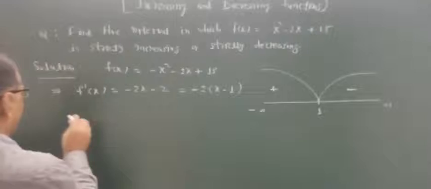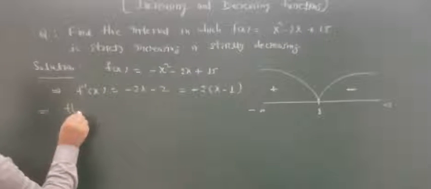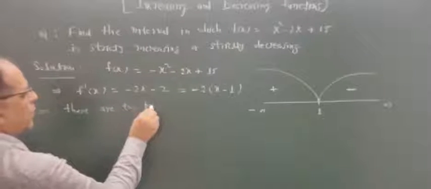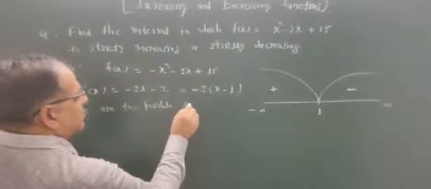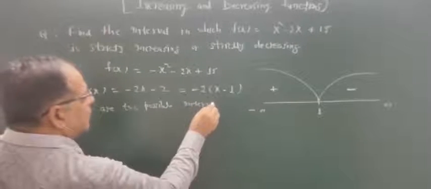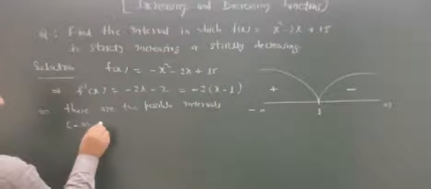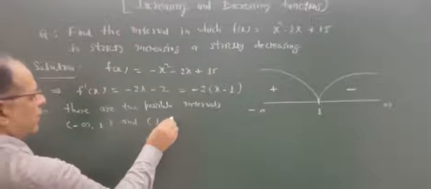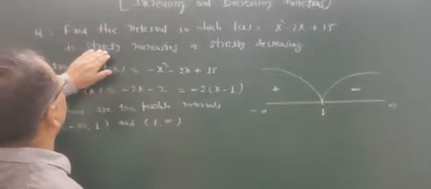So now there are two possible intervals, minus infinity to 1 and 1 to infinity. We want to find the intervals in which the function is strictly increasing.